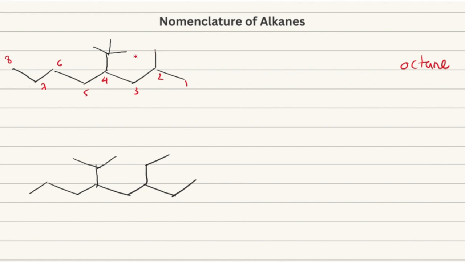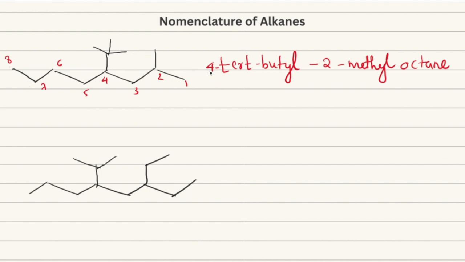Now there are substituents methyl and tertiary butyl on second and fourth position. So according to alphabetical priority, the butyl should come first. Therefore, the tertiary butyl is on the fourth position. So 4-tertiary butyl and then 2-methyl octane.